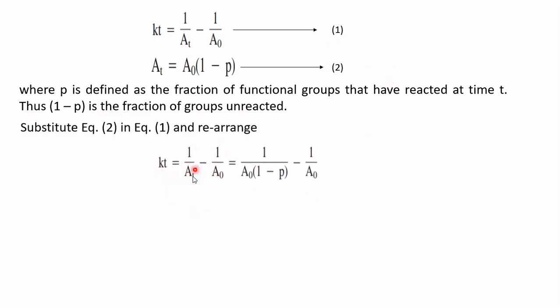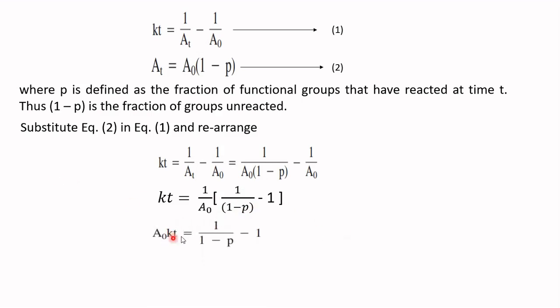So KT is equal to 1 divided by A naught into 1 minus P, minus 1 divided by A naught. A naught is common, you take it out. So KT is equal to 1 divided by A naught into 1 divided by 1 minus P minus 1.